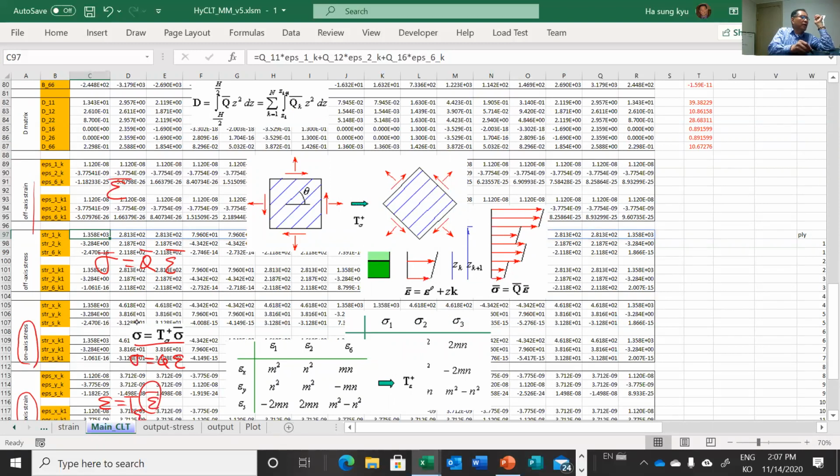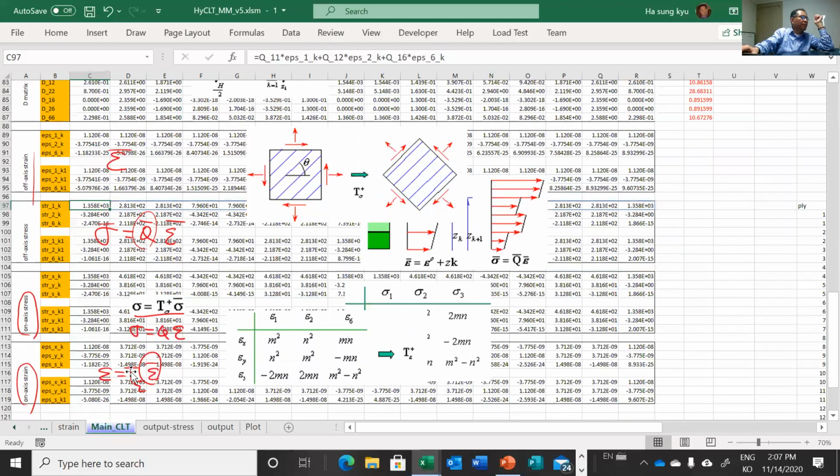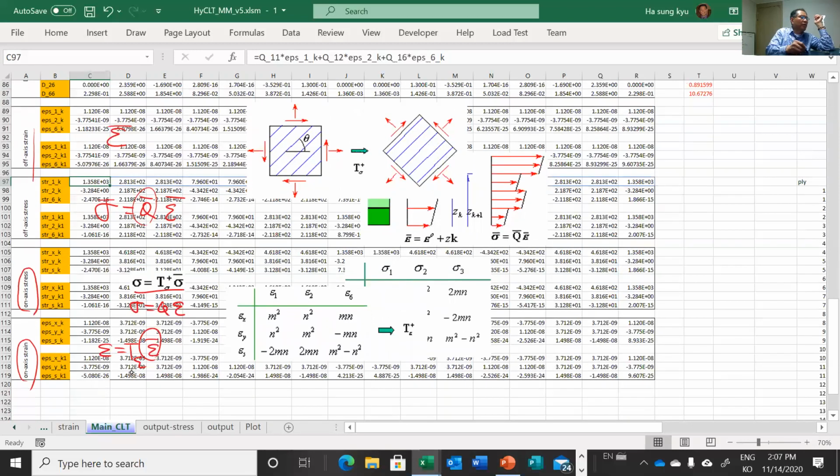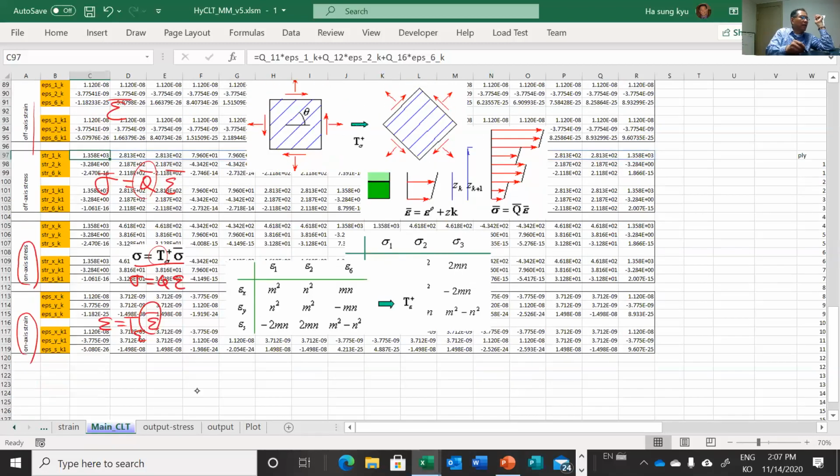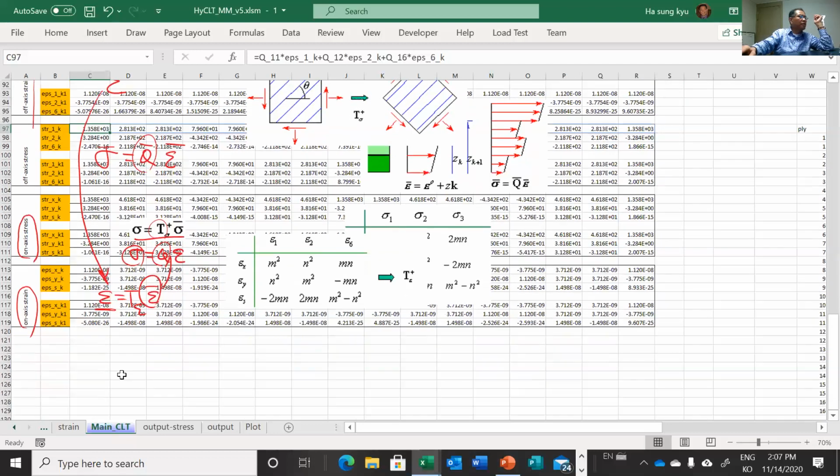Off-axis strain, and we multiply this, and we transform, and this is what you have. But again, as I said, this is the on-axis strain by transforming this one, right? Once we have an on-axis strain, we can calculate sigma by multiplying Q. We can simply confirm that one.